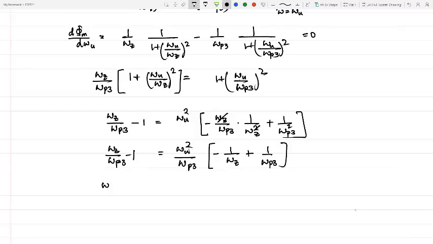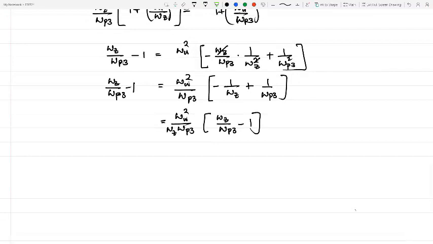So I can very well write this equation as omega u square by omega p3 square into omega z by omega p3 minus 1. So means you take the other term, omega z can't be equal to omega p3. So omega u is equal to under root of omega z times omega p3.